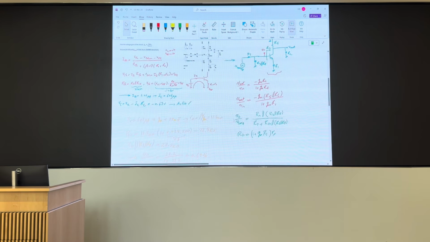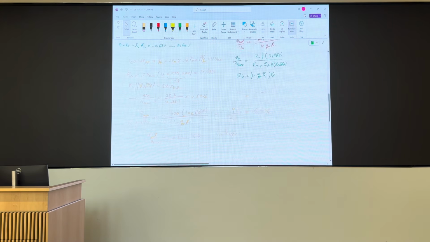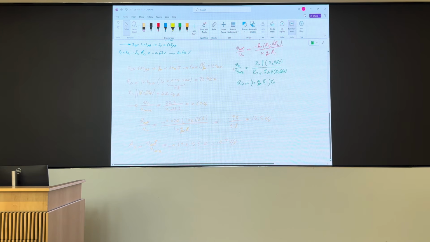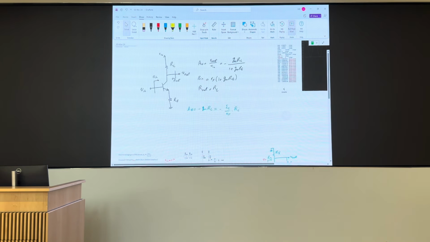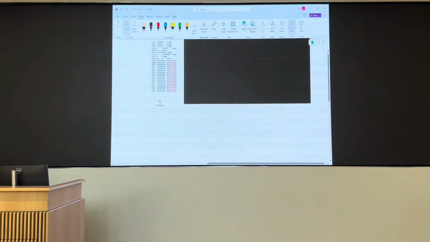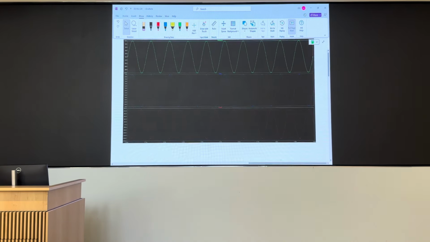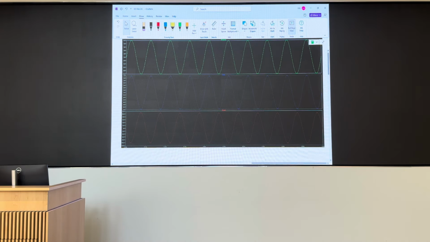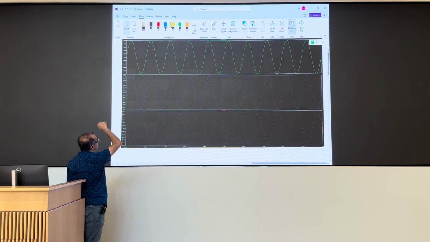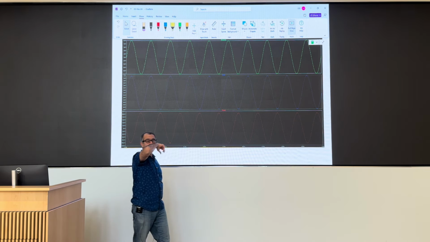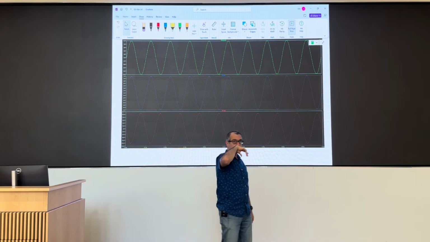So what is the gain we have here? I actually looked at V in, V source, and V out. So at the top is V source, a 10 millivolt signal, 20 millivolt peak to peak, 10 millivolt peak.